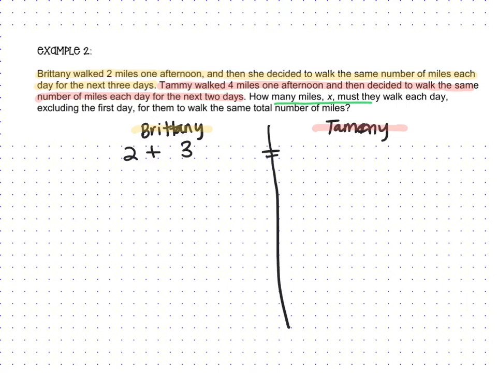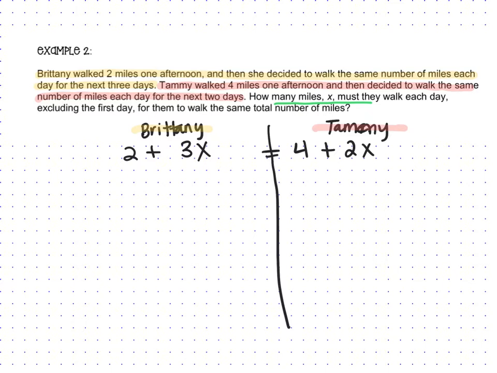So I'm going to put 3. For 3 days, she's walking the same number of miles. And I'm going to put my x, connect my x to that part that's repeating. Now again, once we figure out one side of the equation, we can pretty easily figure out the other side. Tammy's walking 4 miles one afternoon, and then she walks the same number of miles for the next 2 days.